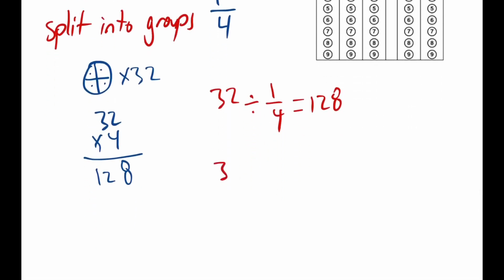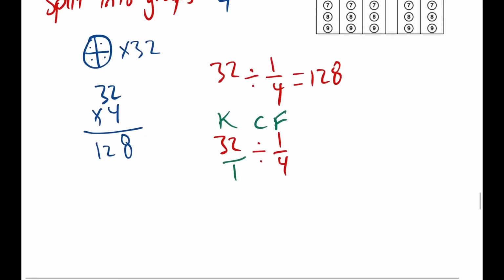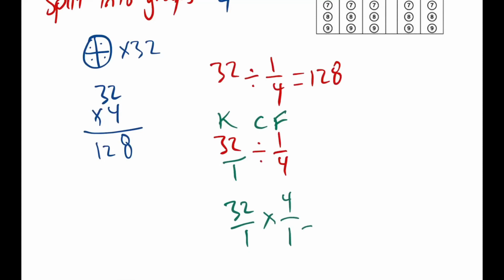Or I could say 32 divided by 1/4. I'm going to use keep, change, flip. I need to make that become a fraction. I keep 32 over 1, change my division to a multiplication, and flip my 1/4 to become 4 over 1.